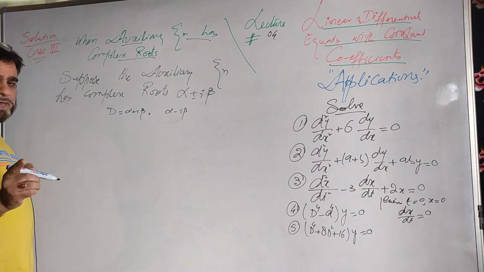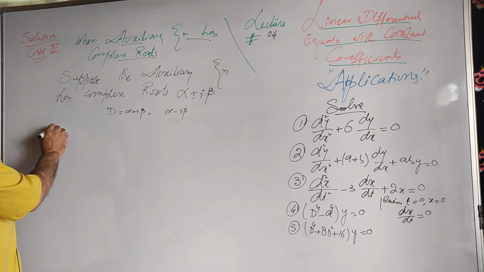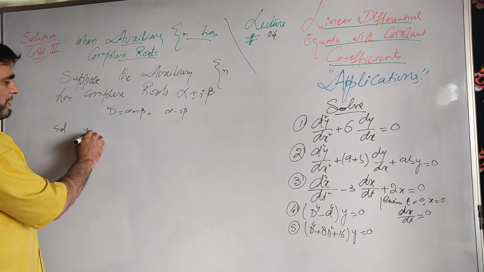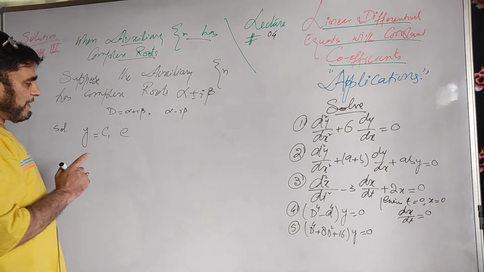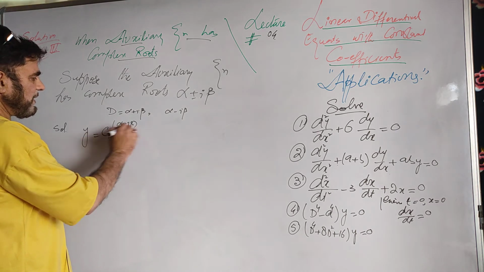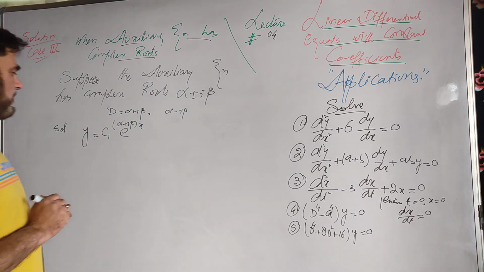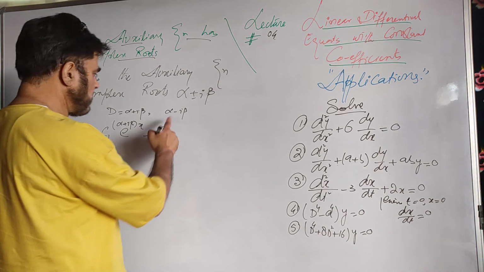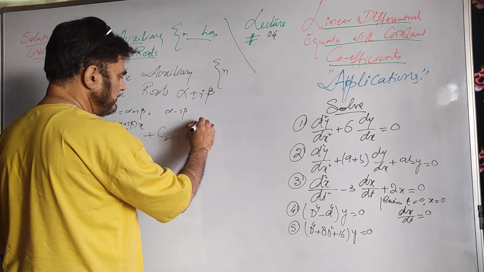By the previous method, the solution is y equal to c1 e raised to power alpha plus iota beta x, because our differential equation is in x, plus another constant c2 corresponding to the second root, e raised to power alpha minus iota beta x.